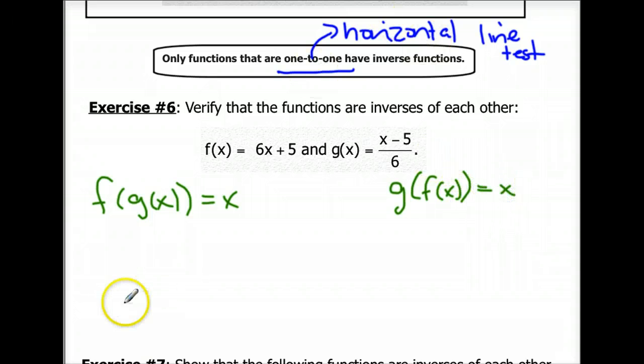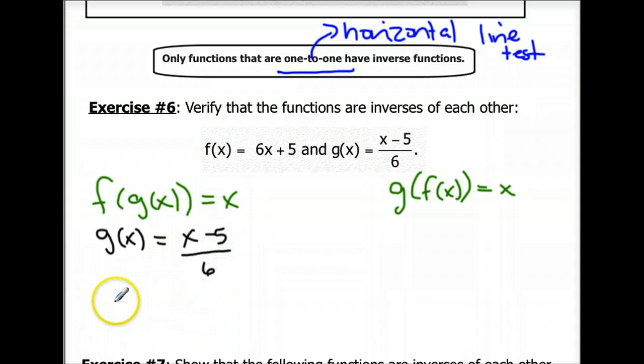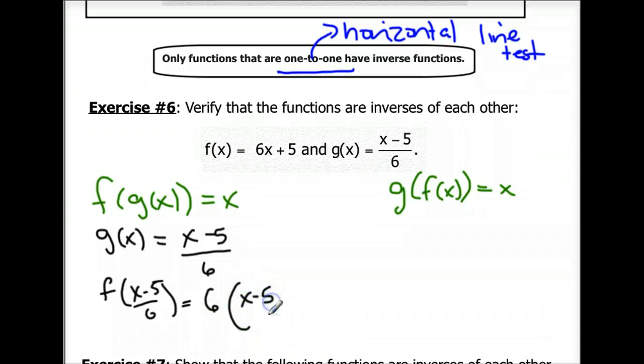So the way I do this is, first of all, what's g of x? G of x is x minus 5 over 6. And I want to find f of x minus 5 over 6. So I'm going to use my f function, which is right here, and I'm going to say 6 times parentheses x minus 5 over 6, plus 5.